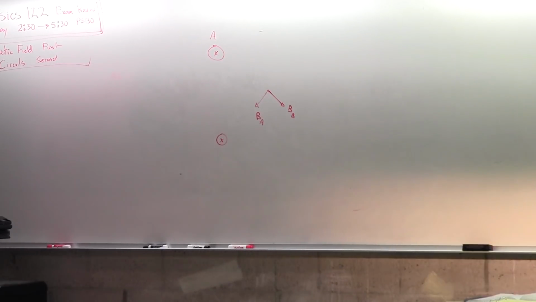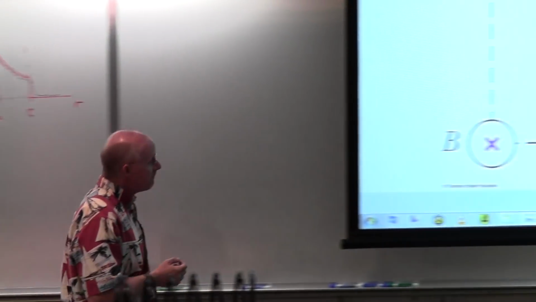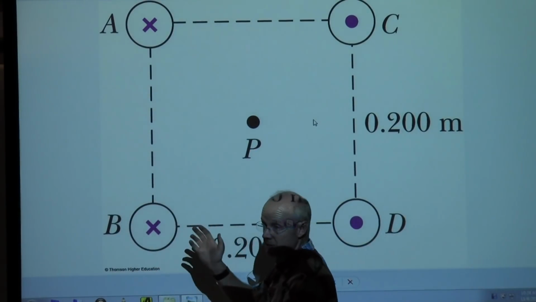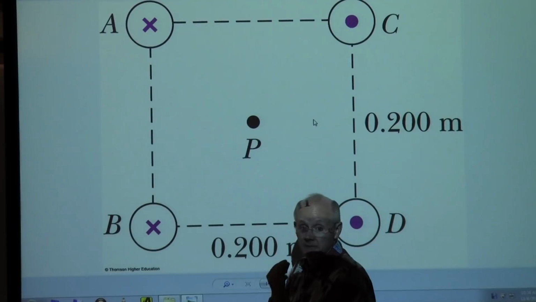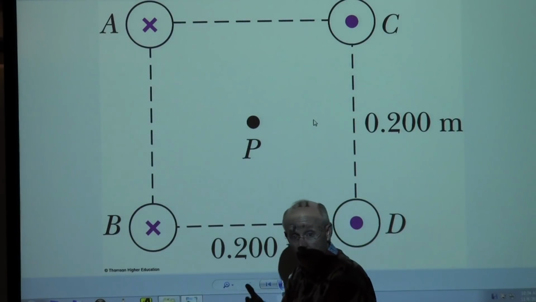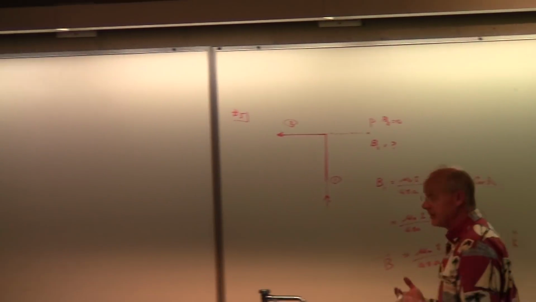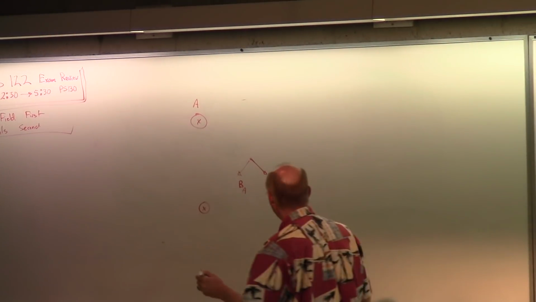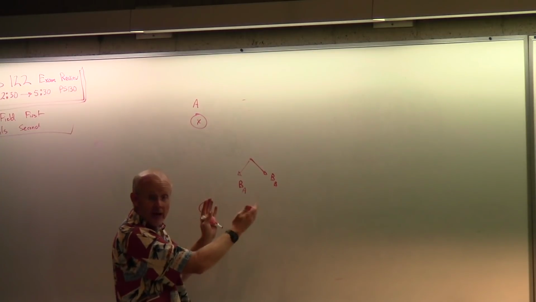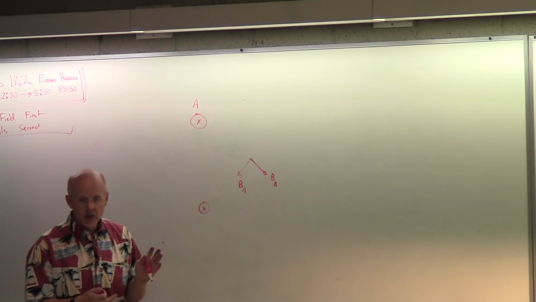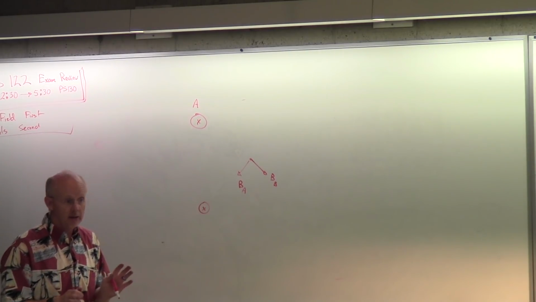Yeah, you can make this a little simpler on yourself if you look at the symmetry here, because these two wires have the same current and the point P is the same distance away. Hence, the strength of the magnetic field from A and B are the same. And so we've got two vectors that have the same magnitude. They're each angled down at a 45-degree angle here. And so the left-right components are going to cancel off, right? The vertical one's going to add up. So we don't have to worry about left and right, at least not yet.